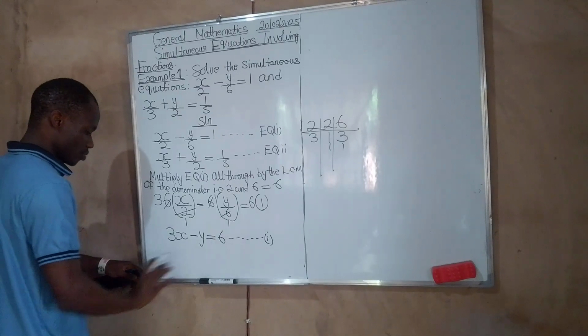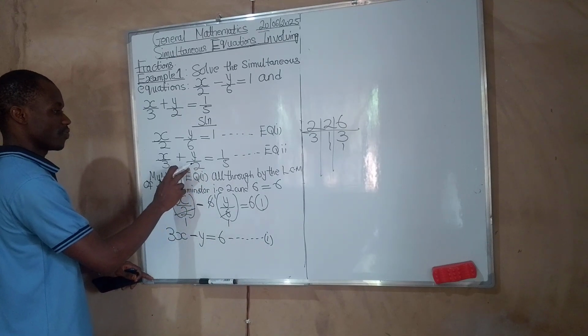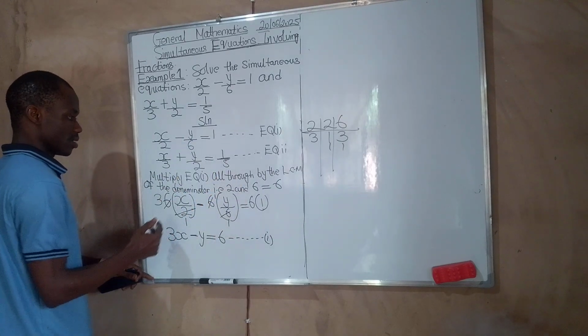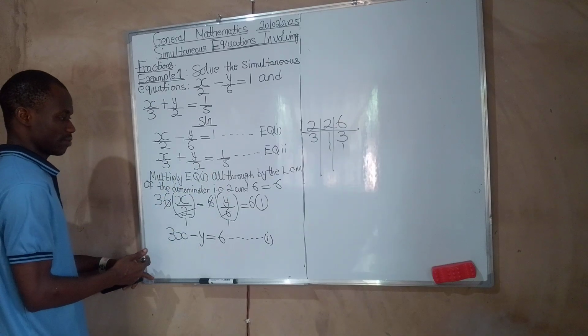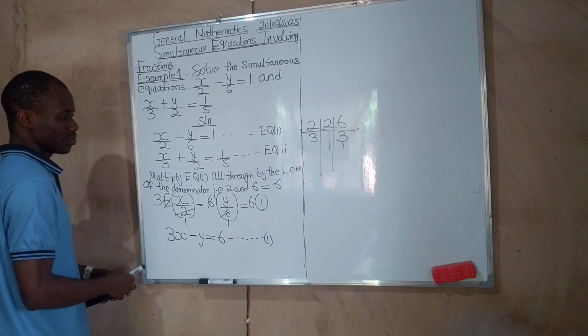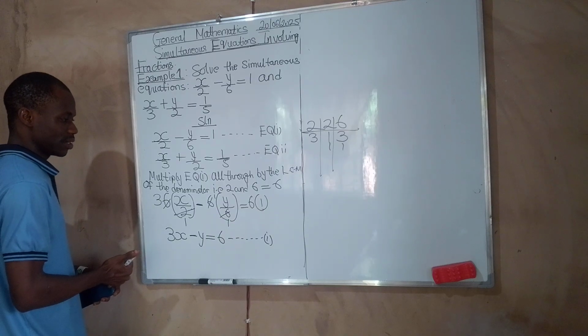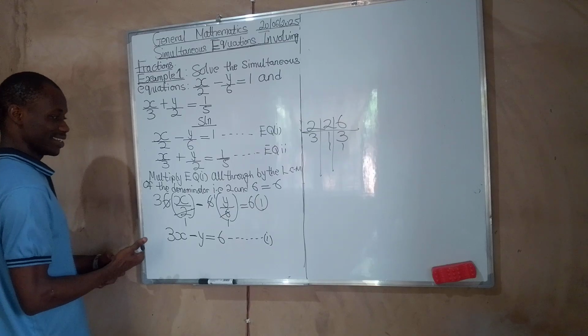Take note of that. Now go back to equation 2. You find the LCM of the denominators. What are the denominators given here? 3, 2 and 5. If we do the LCM of 3, 2 and 5, I believe it should be 15.